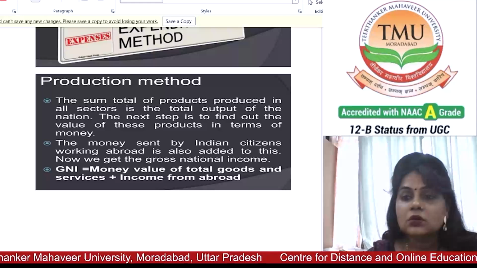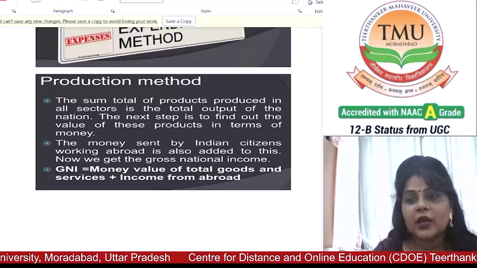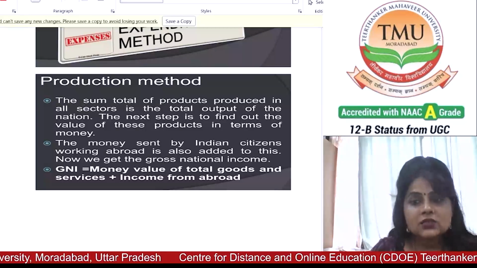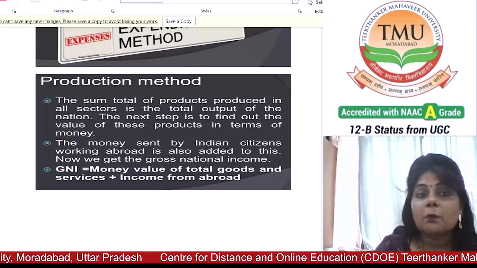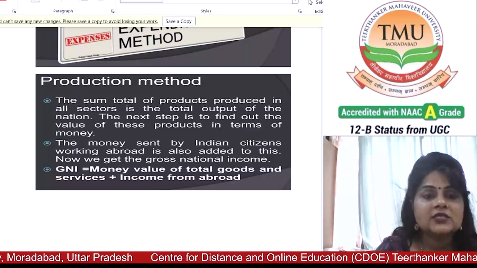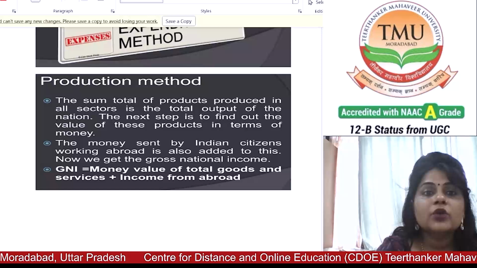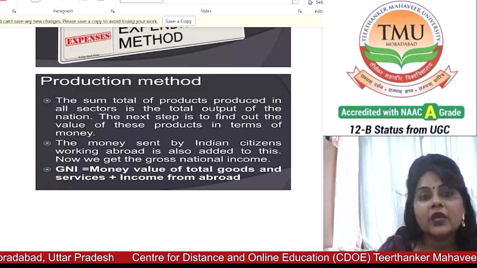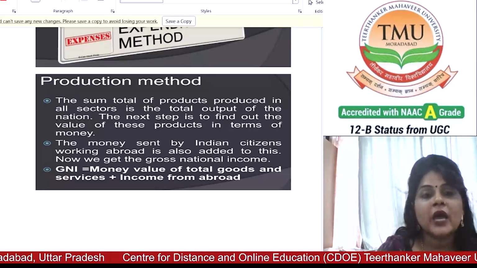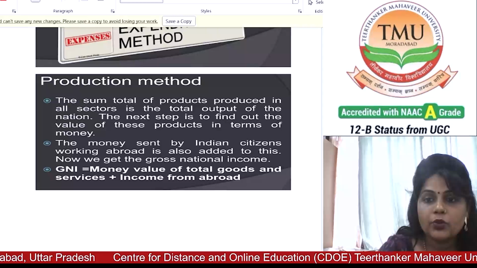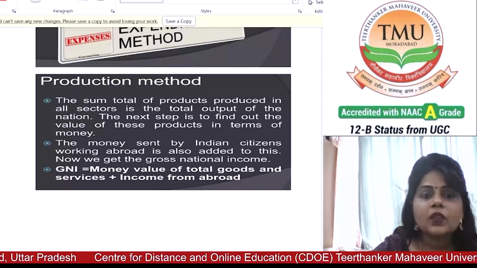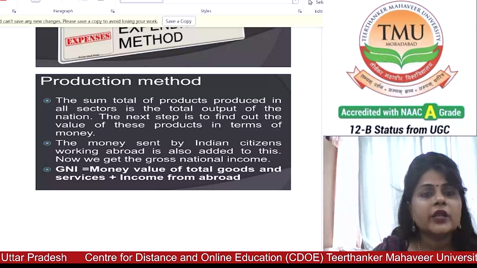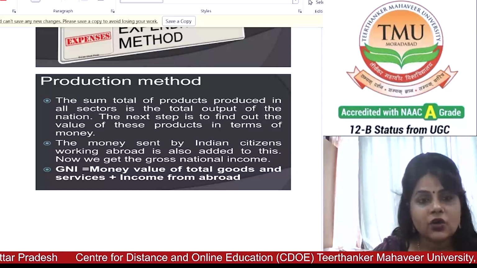The second component of this method is value of output. The market value of all goods and services produced during a period of 1 year is known as the value of output. Different ways of calculating the value of output are as follows.